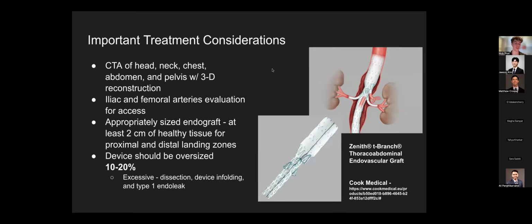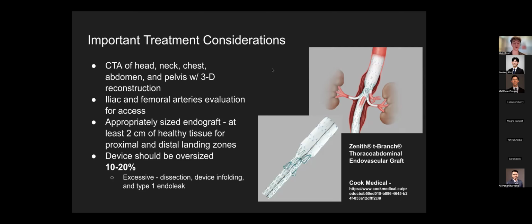If a CTA has been done several times, then you have a better idea of how the sac has been progressing over time. It's also imperative to evaluate the iliac and femoral arteries for access. This is quite a large graft, so the sheath size is around 8 French minimum, I believe. So it's important to have good access for these procedures.